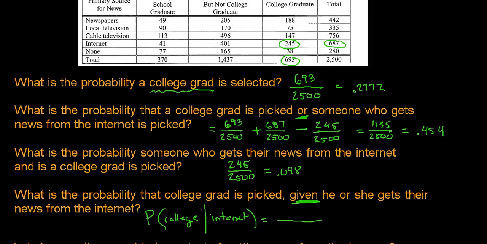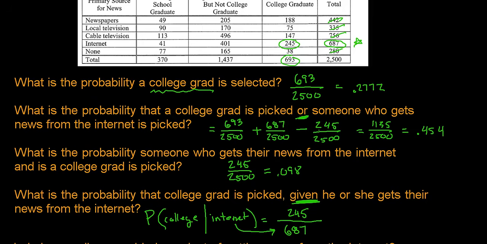The fact that I'm given that they get their news from the internet means I'm only allowed to look at the 687 people who get their news from the internet. That goes on the denominator. Because everybody else I need to ignore, because they don't get their news from the internet. Now, of those people, 245 of them are college graduates.